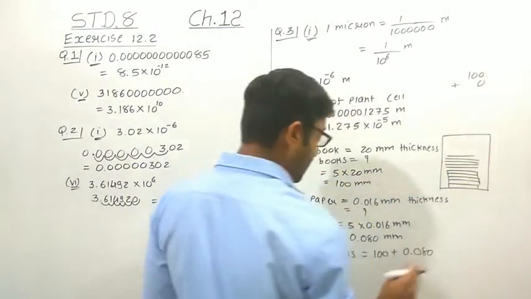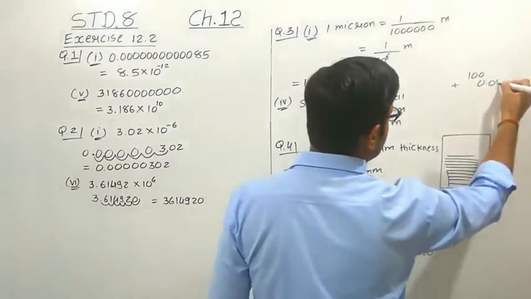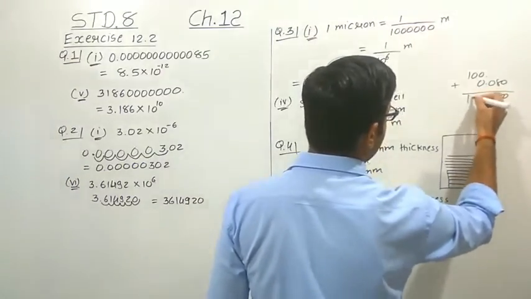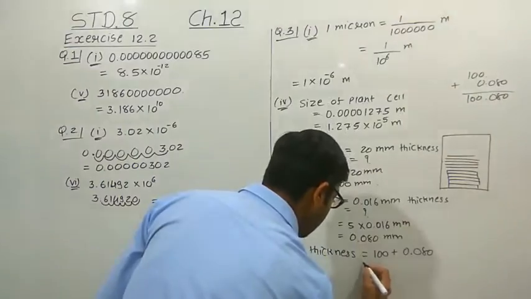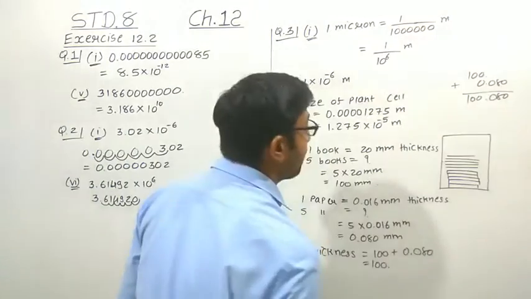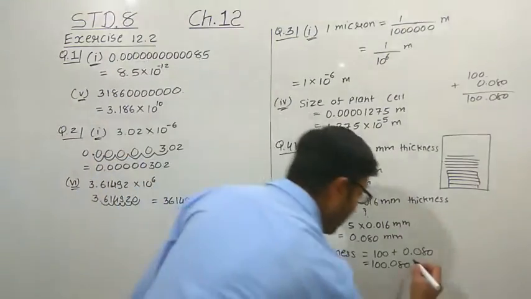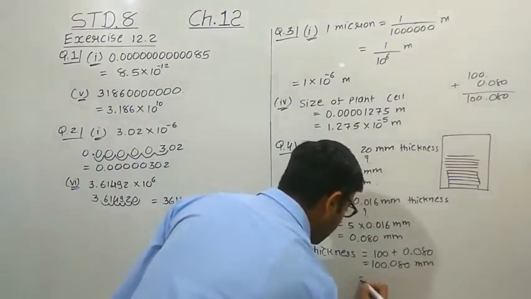So before that there is 0, and after that there is 0.080. Adding these numbers, we get 100.080 millimeter.